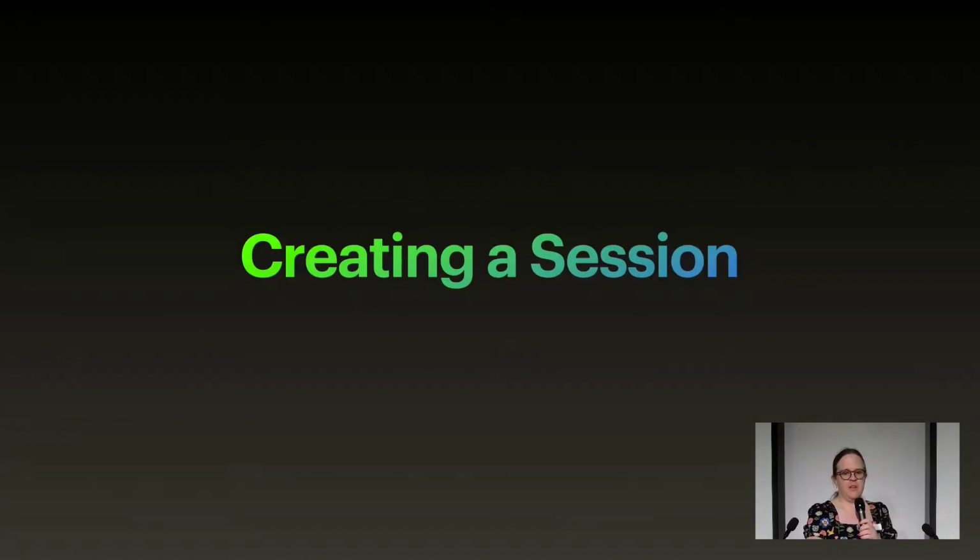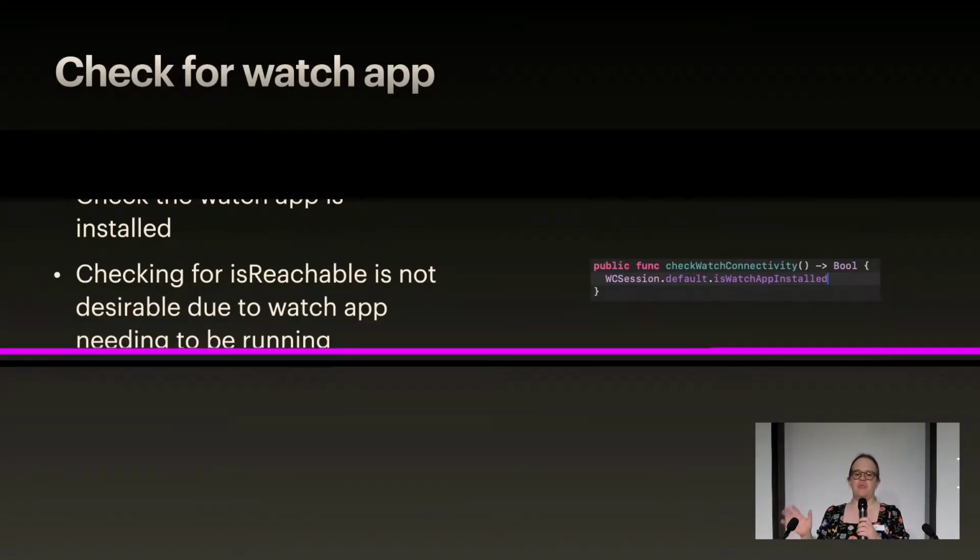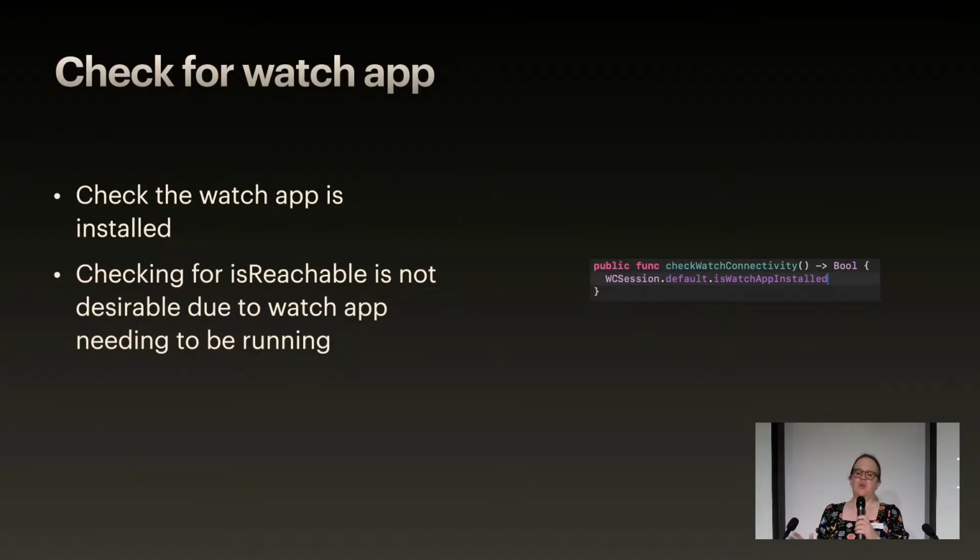So, first thing you need to do is check that the Watch app is installed. If the Watch app isn't installed, then you're going to run into problems because you're not going to get the session created or anything like that.